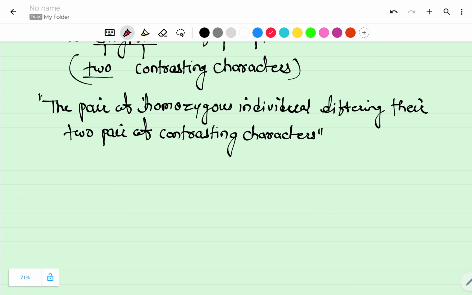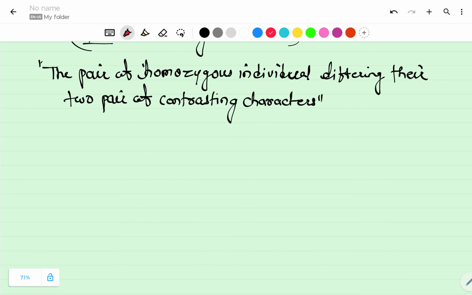So which contrasting characters? Here we first write the parents. The first parent is round yellow, and the second is wrinkled green.